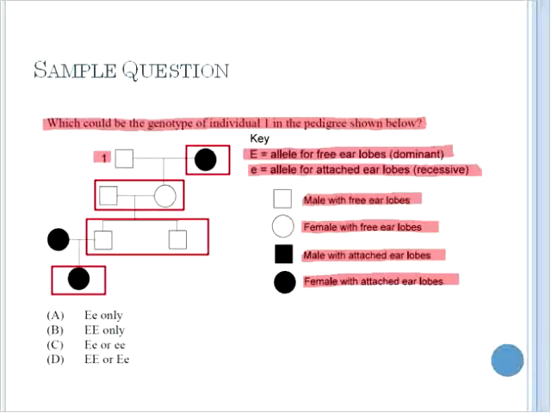Individual 1 must have passed on a lowercase e to his daughter. We know that because we have this individual which had a child which was showing the recessive.